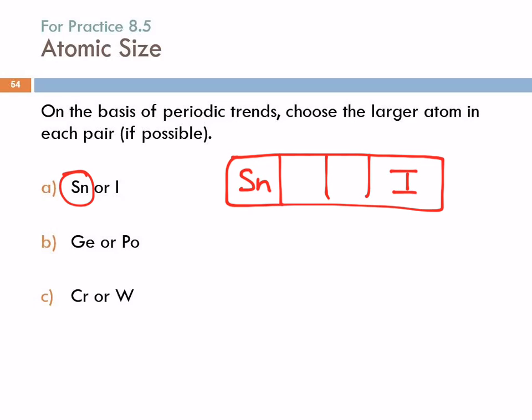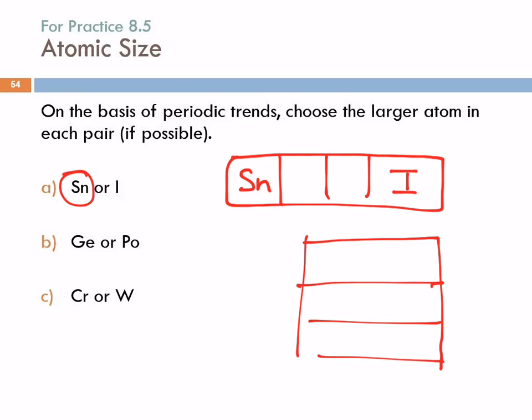Germanium or polonium? Germanium would be here. Polonium's down there. This one's tough. We've got opposing trends.